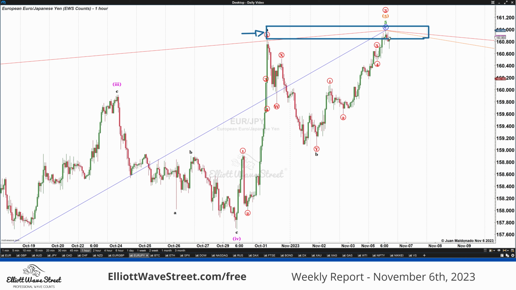So what we are looking for this week on this first rejection is to have an impulse. It's extremely early. This is a counter-trend trade, but what we are looking for is an impulse to confirm what we are seeing.